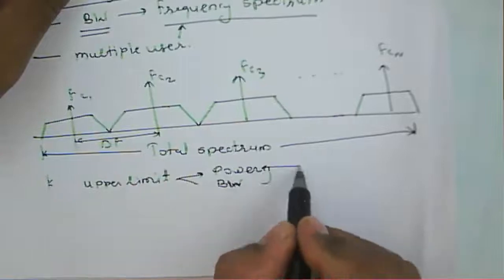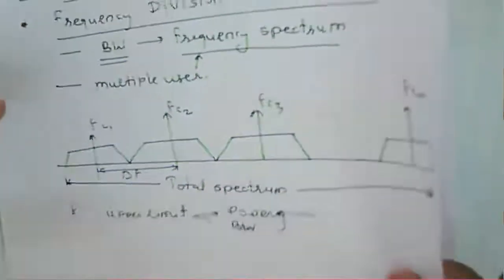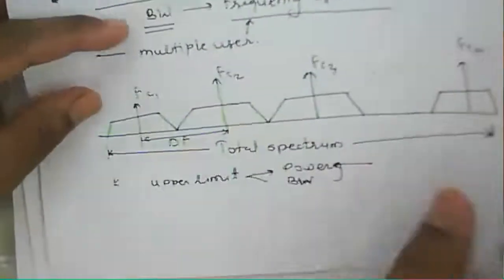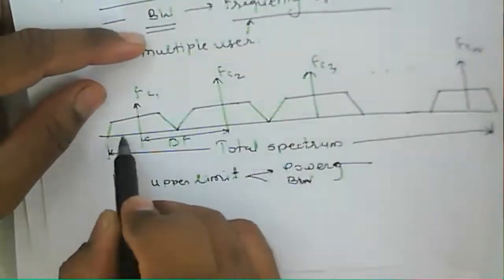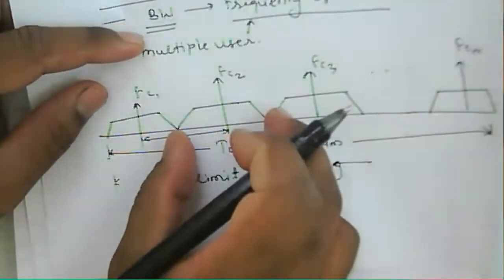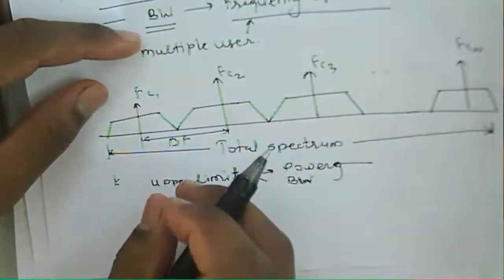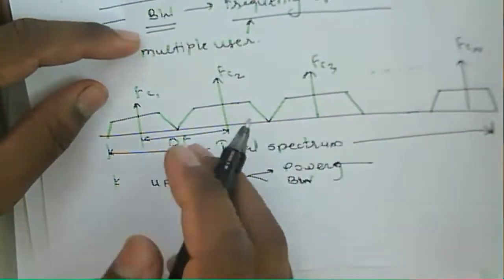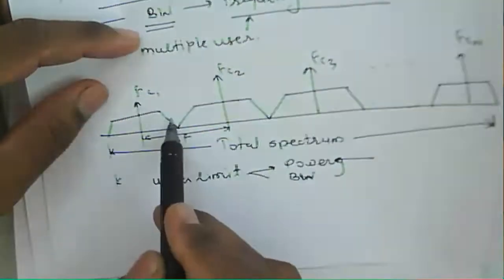Now we'll talk about the limitations there, because there is a limitation of the frequency for each and every channel. But when we transmit the signal, there is an upper limit.